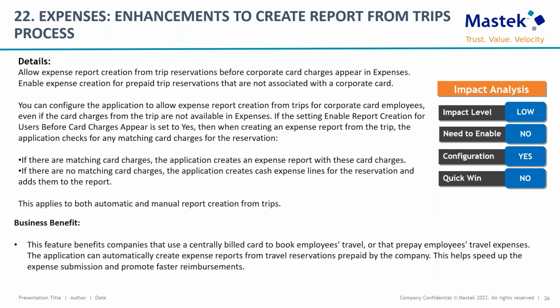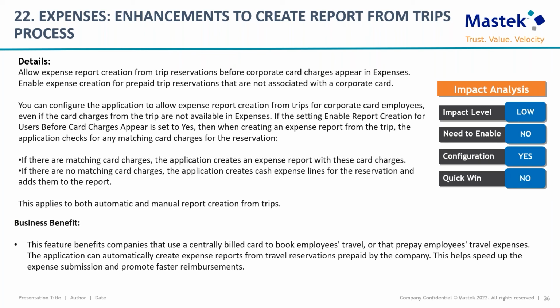Next up, for expenses, we have an enhancement to create a report from the trips process itself. If your organization uses travel setup in expenses where we can book travel for employees, an expense report can be directly created from there. Oracle has now made it possible to create the automatic expense report even if the charge or the expense for those trips has not yet arrived on the corporate card.